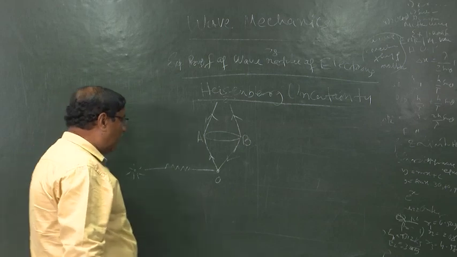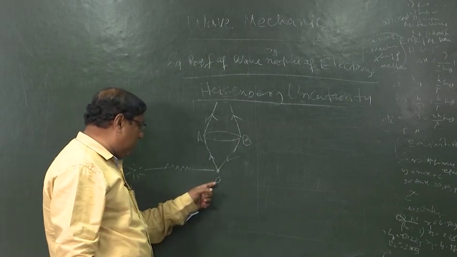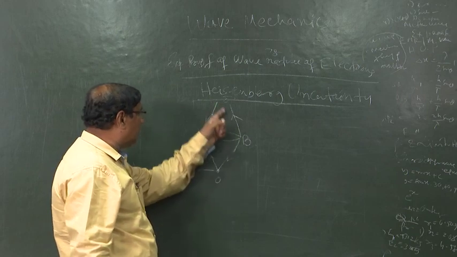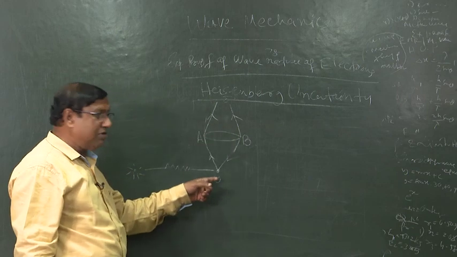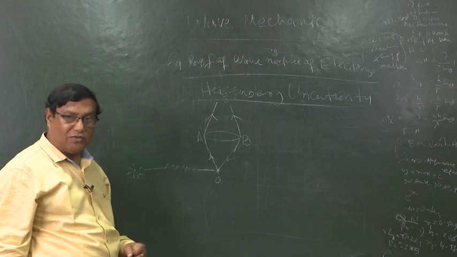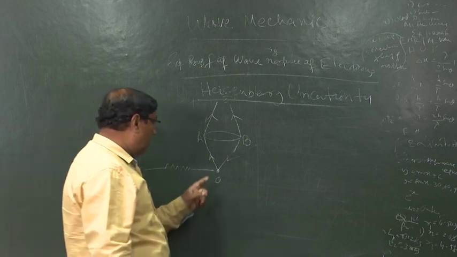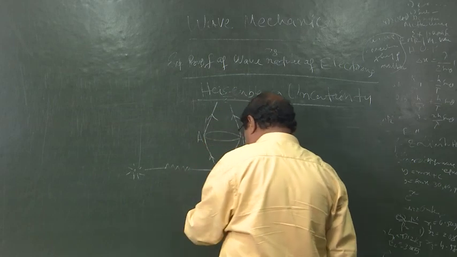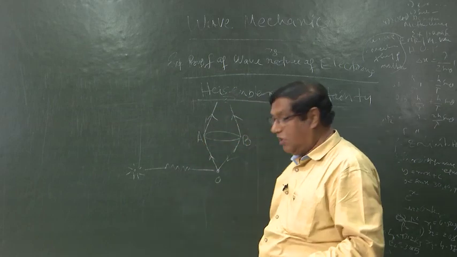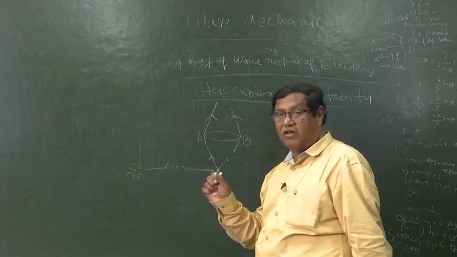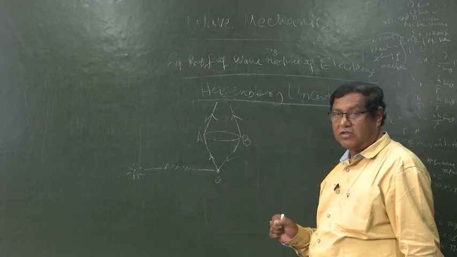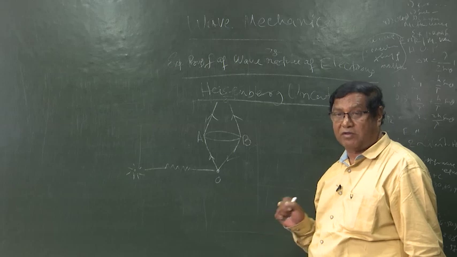Now, O is the position of the electron. So, we can see the position of the electron through this microscope. Now, if you determine the exact position of the electron, there is some error in the instrument, that is the microscope, that is called the resolving power of the microscope.